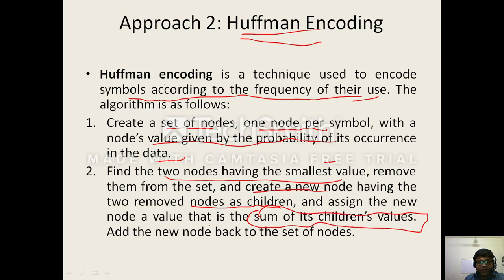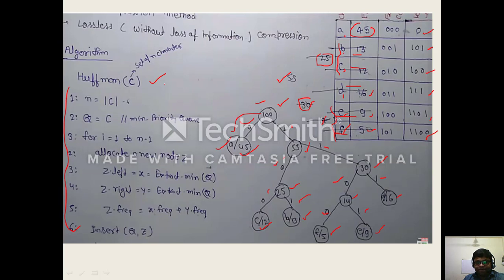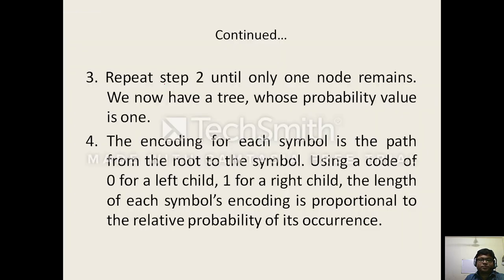Add the new node back to the set of nodes. Here we are adding 5 and 9, creating a new node, and adding it back to the set of nodes.